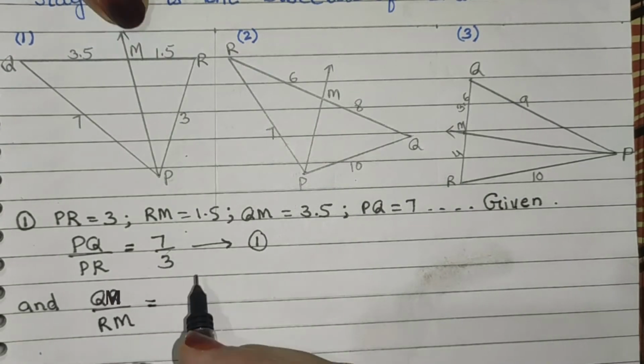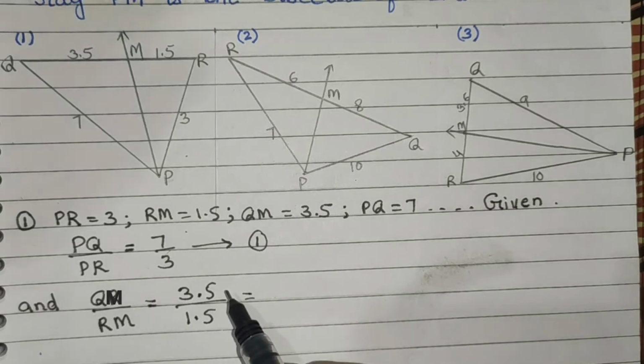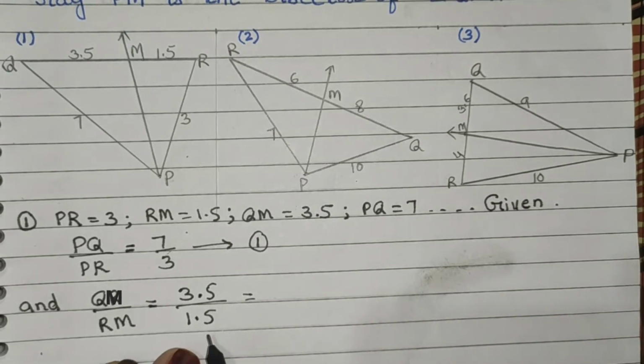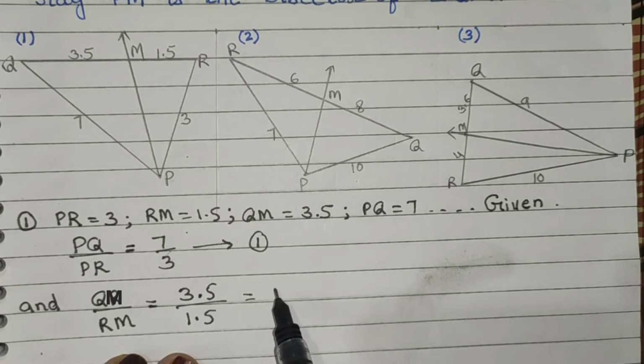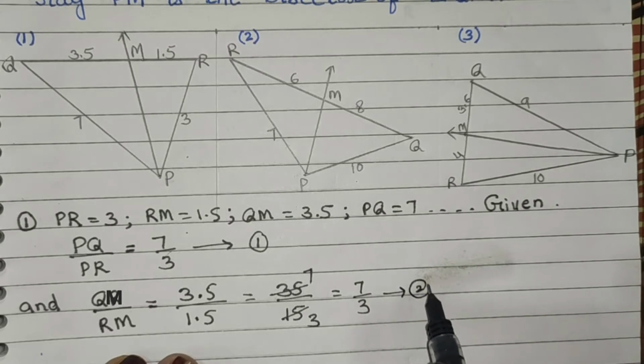Substituting the values we get 3.5/1.5. Look at numerator as well as denominator, both numbers have one digit after the decimal. Therefore we can write 35/15. Now cancel it: 5 sevens are 35, 5 threes are 15. Now 7/3. Give it equation number 2.